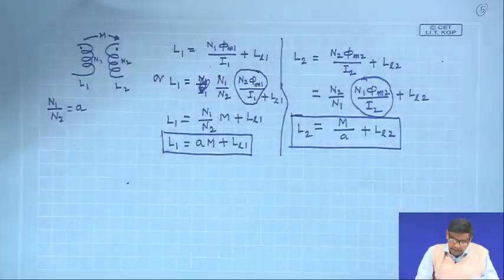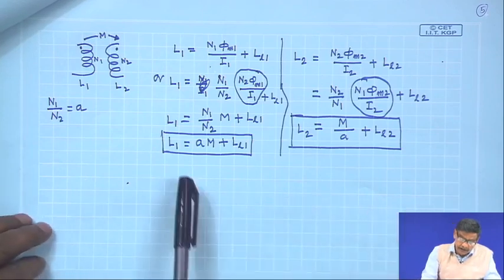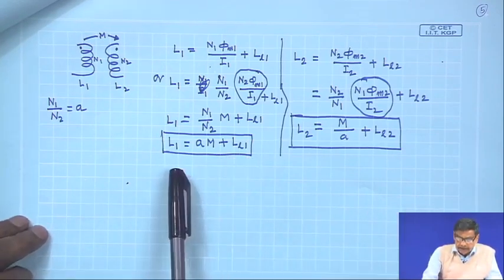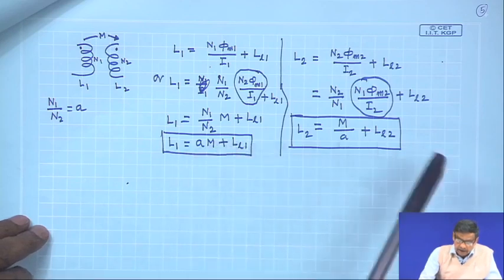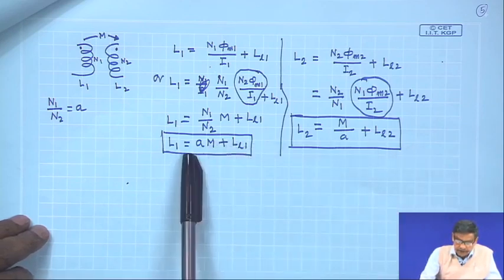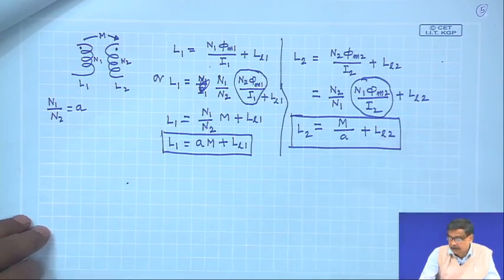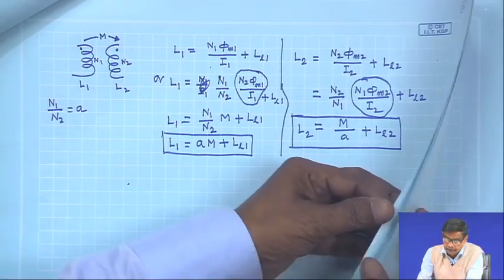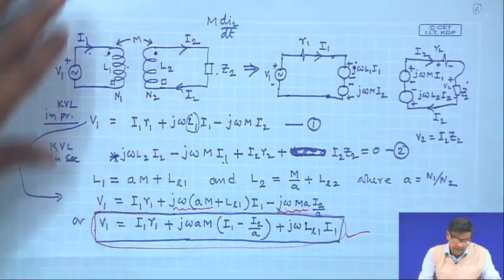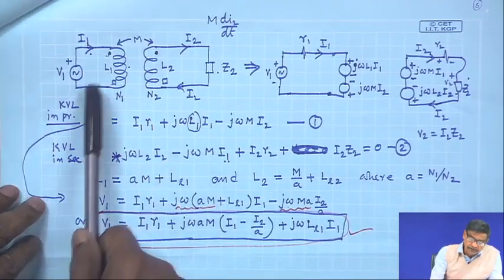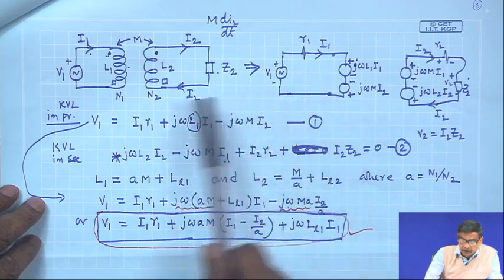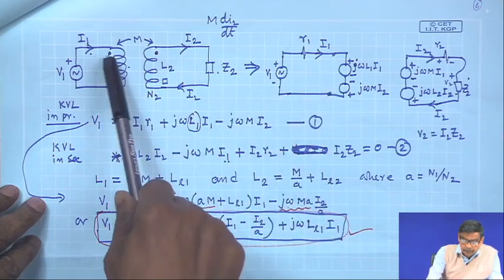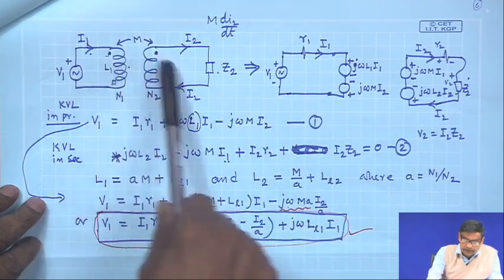Then the important thing is, ultimately we showed the self inductance of the coil in terms of mutual and leakage inductance comes out to be this, L1, and L2 is like this. And finally, we wrote down the KVL equations on the two sides, remembering how to put the dots on these two coils.